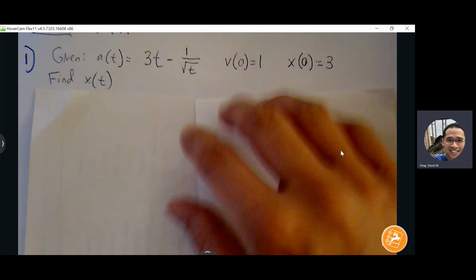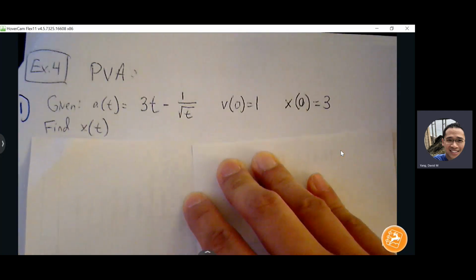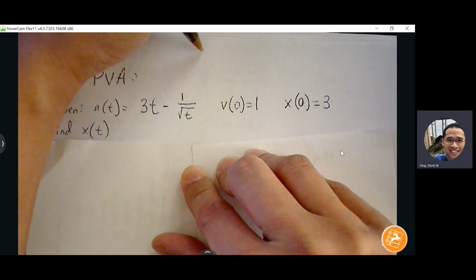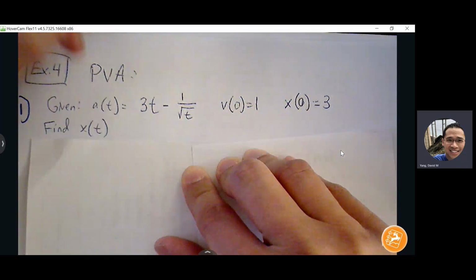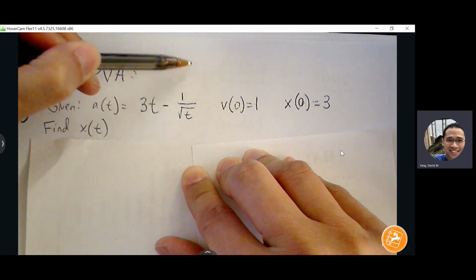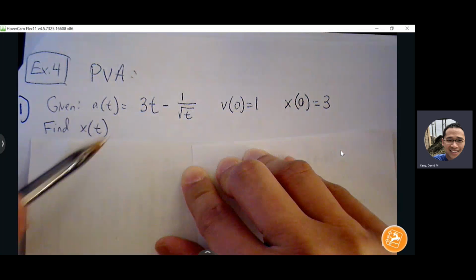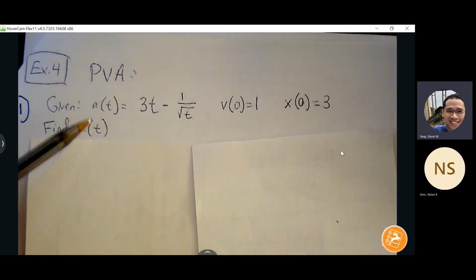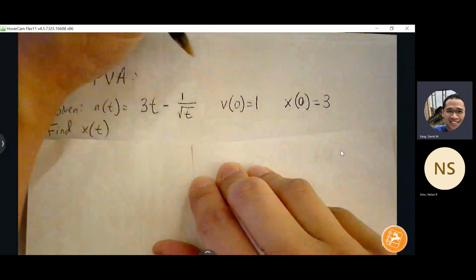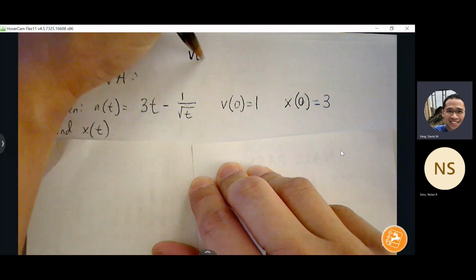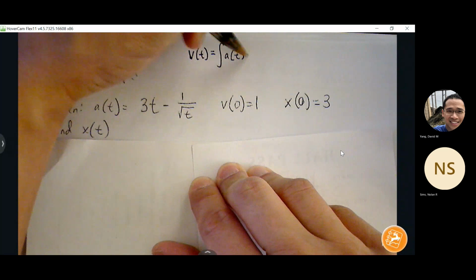Okay, so just to establish some relationships here, if I'm starting with acceleration, we know that position's derivative is velocity, velocity's derivative is acceleration. So if I'm starting from the acceleration level, I can move up the chain to velocity and to position by taking the antiderivative. So if I want to find velocity, I could take the antiderivative of acceleration.